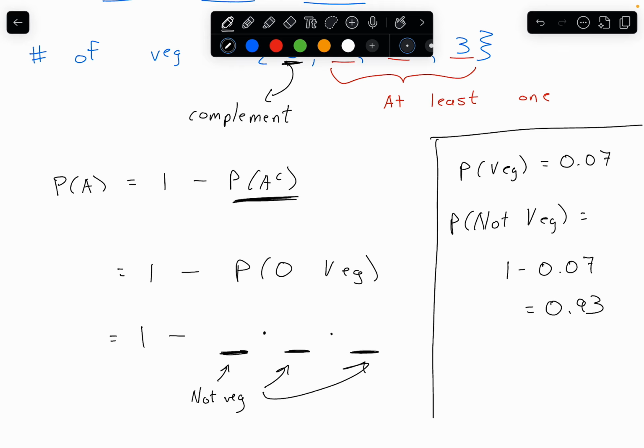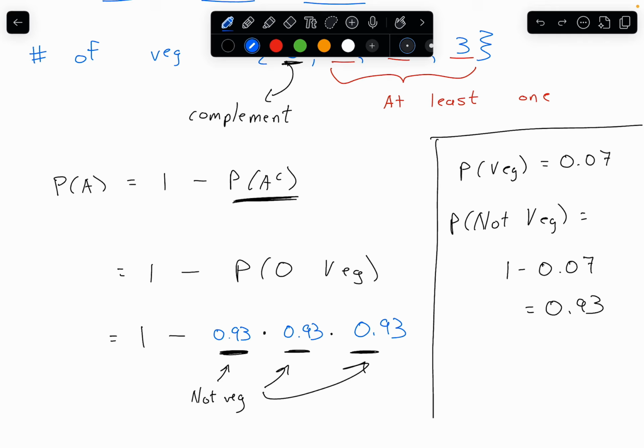So the probability that the first student is not a vegetarian is 0.93, times the probability that the second student is not a vegetarian is also 0.93. And the probability that the third student is not a vegetarian is also 0.93. So I'm going to multiply these 3 numbers together first. Let me grab my calculator here.